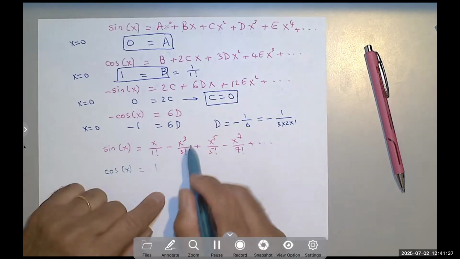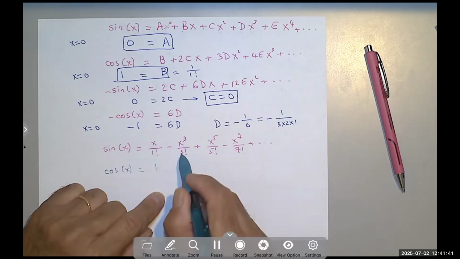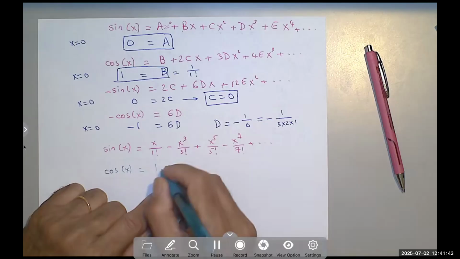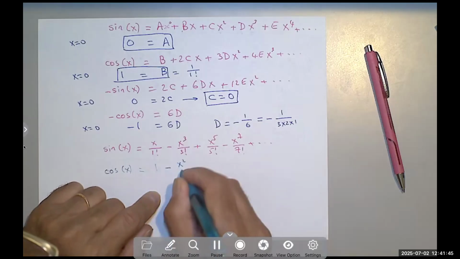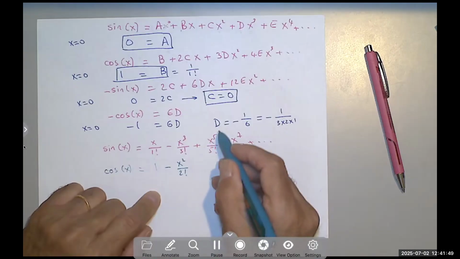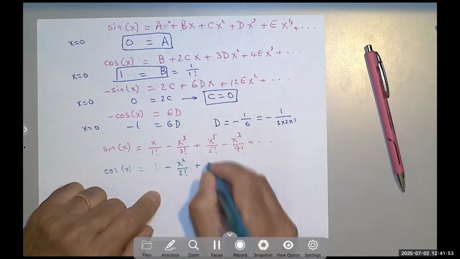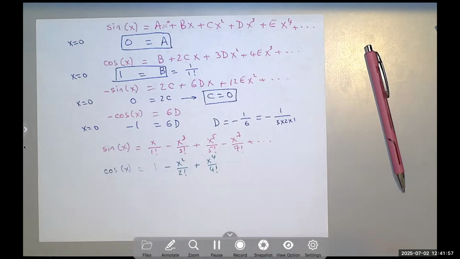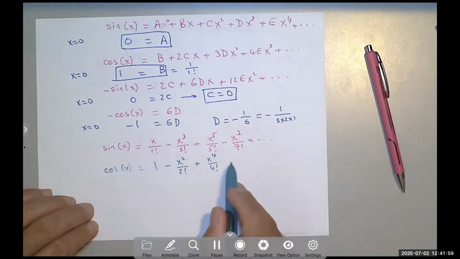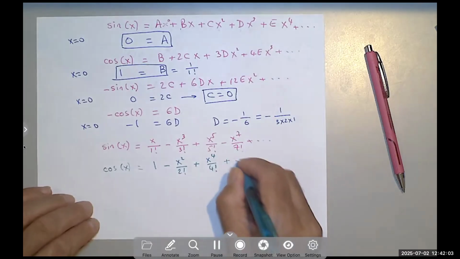The derivative of the next term is negative 3x squared over 3 factorial. The 3 and the 3 cancel, and you get minus x squared over 2 factorial. Then 5x to the 4 over 5 factorial, the 5 and the 5 cancel, so you get plus x to the 4 over 4 factorial. It's very simple. As you can see, minus x to the 6 over 6 factorial, and so on and so forth.